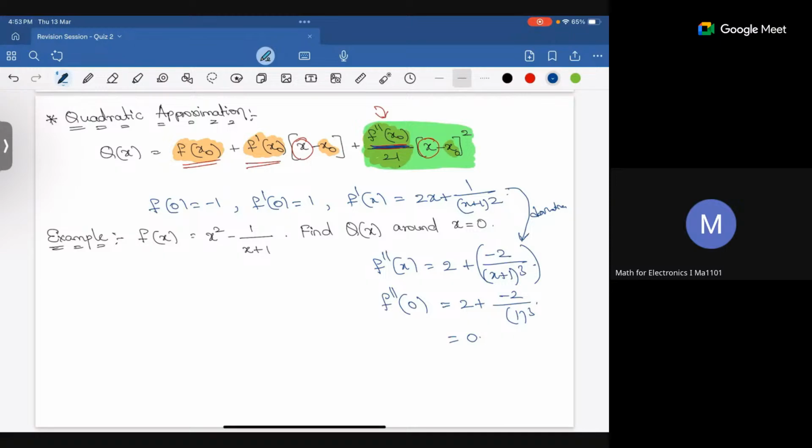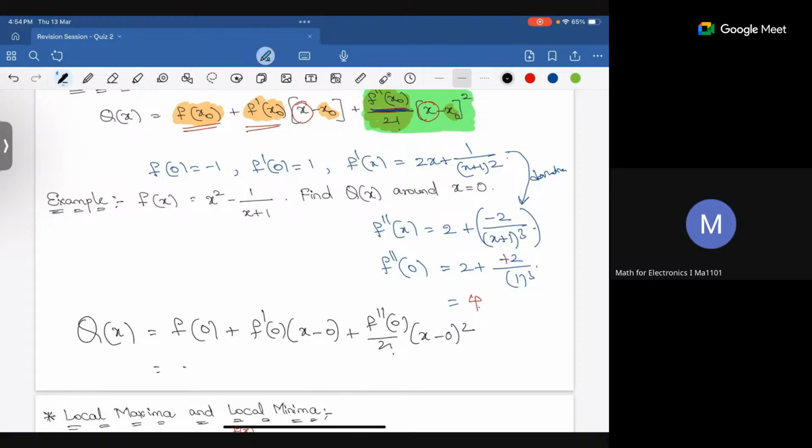Sometimes you may not get 0. You may get something like, let's say you got plus 2, so this will become 4. If you got some non-zero value, then your quadratic approximation will be f of 0 plus f prime of 0 into x minus 0 plus f double prime of 0 divided by 2 factorial into x minus 0 whole square.